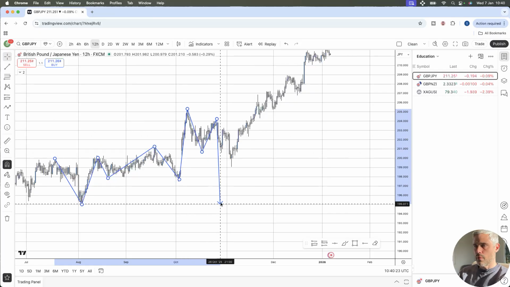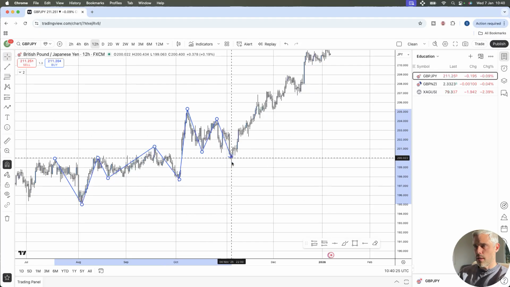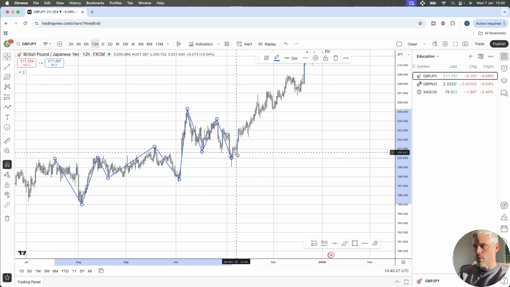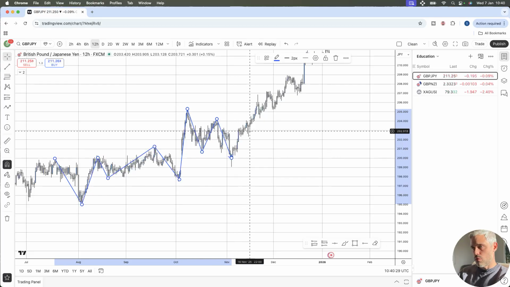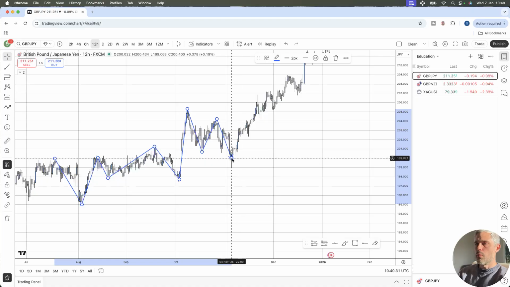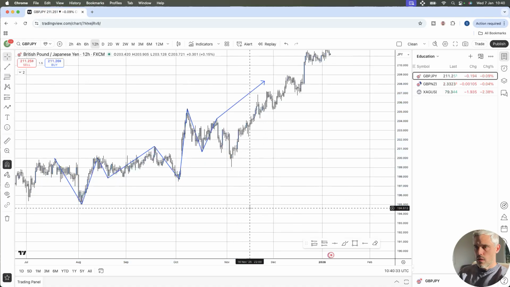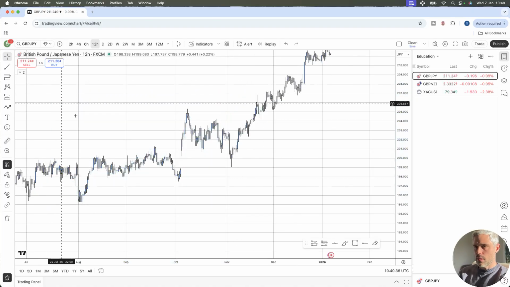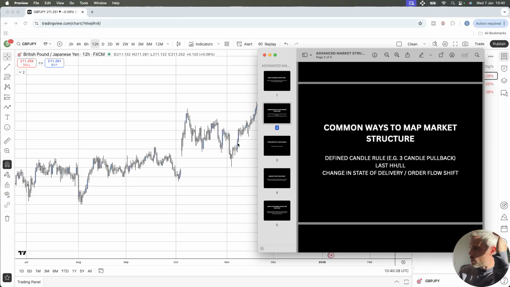And then again, what happens? You're almost manipulated into thinking there's a structural break here. Price is going to reverse and go lower, but what happens? It just continues higher. So this is the problem with mapping market structure in this sort of systematic mechanical way.